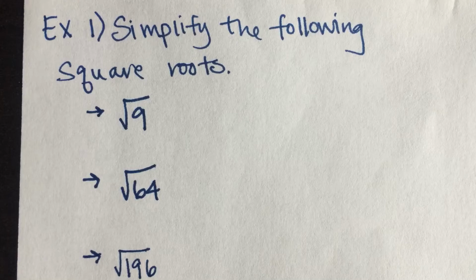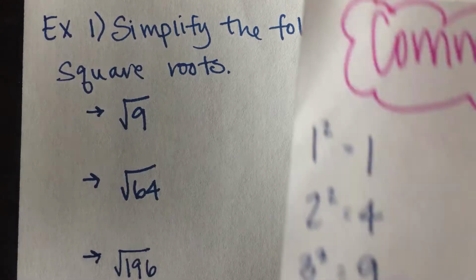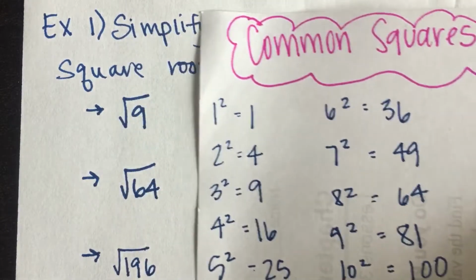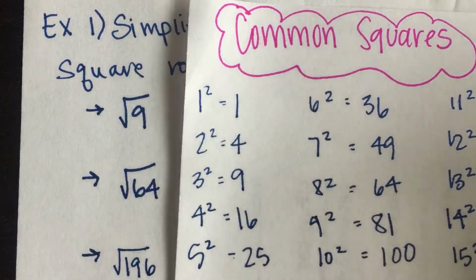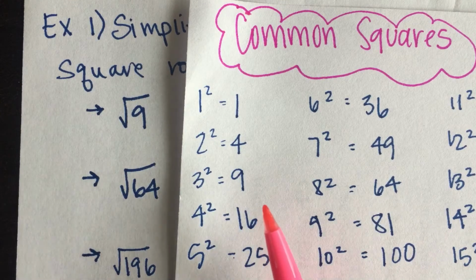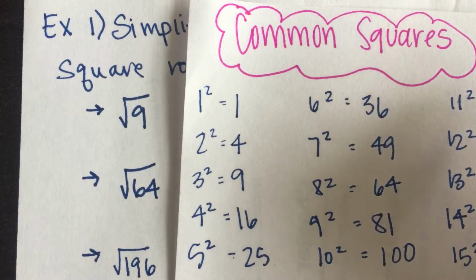Okay, so if we want to simplify the following square roots, we are first going to need to be familiar with our common squares. And so if we look at these, if we want to simplify the square root of 9, we need to look and see on our common squares sheet or slide where 9 shows up. And we see 9 right here at 3 squared.